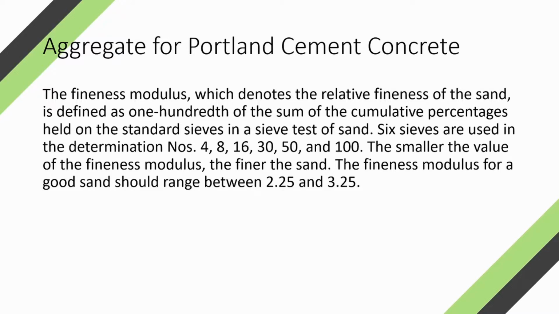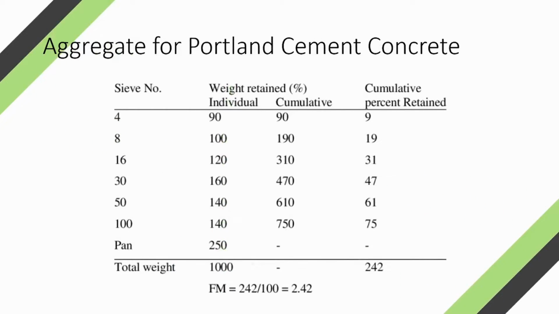So, paano yung pag-compute ng ating fineness modulus? Ito siya. Ang ginagawa natin dito is we will take a look at the weight retained. Yung test sample para sa test na to has a total weight of 1,000, I think this is in grams.